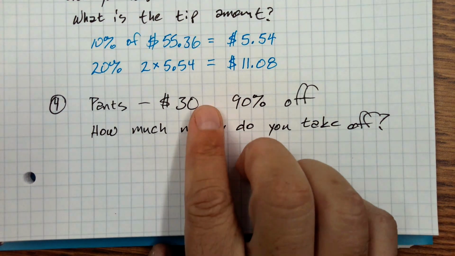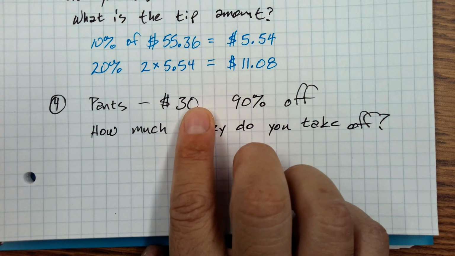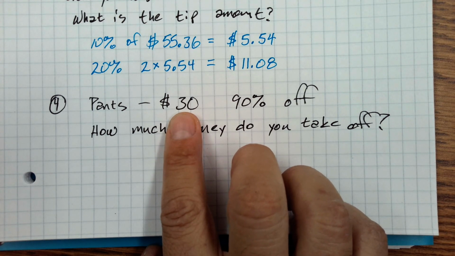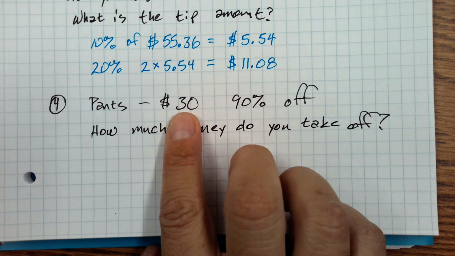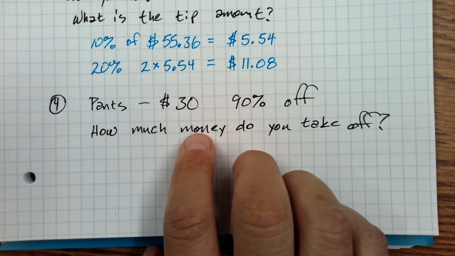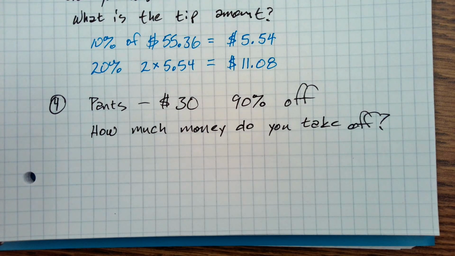So 10% of 30 is how much? $3. That's actually what you would pay, right? And then you multiply that by 9, and $27 is how much money you would take off.